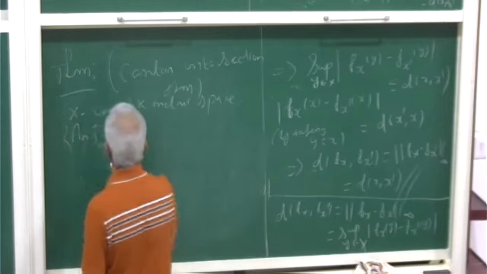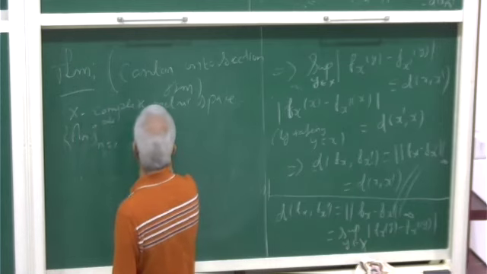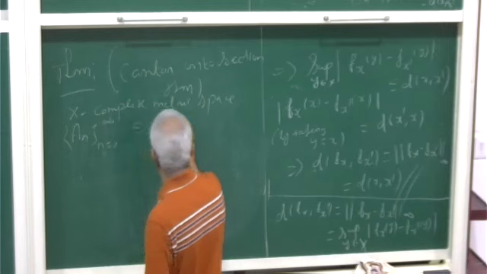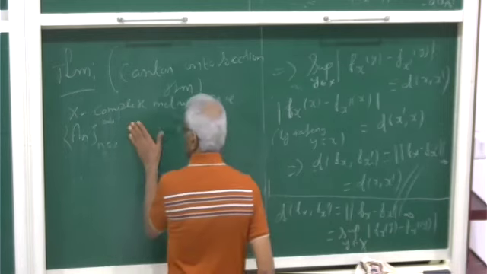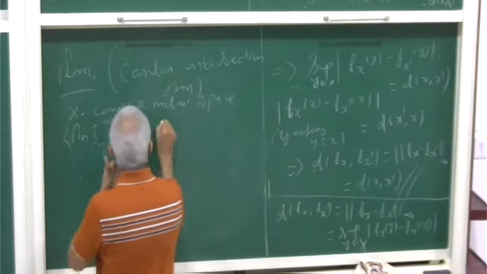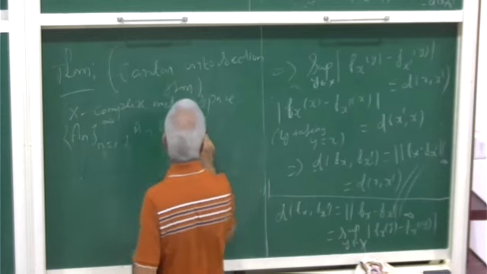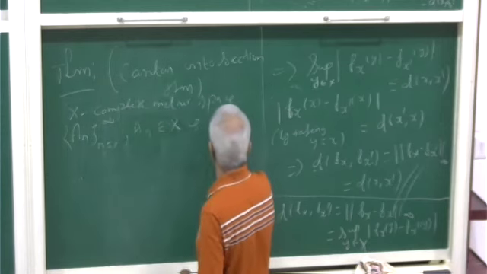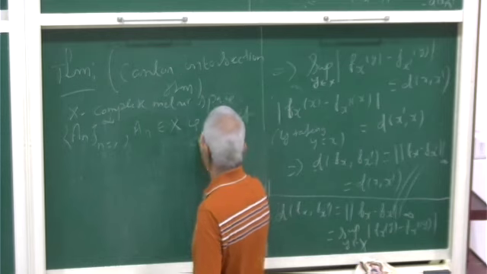A_n is contained in the power set of X. You don't mind writing "is" as a correction. A_n is a sequence of closed sets, a collection of a sequence of closed sets.